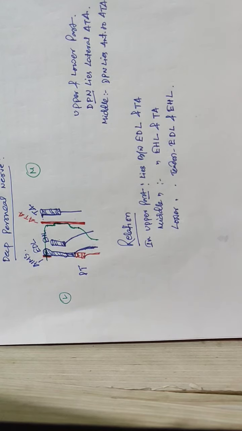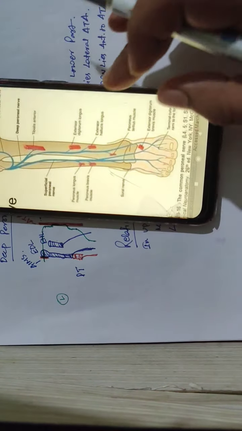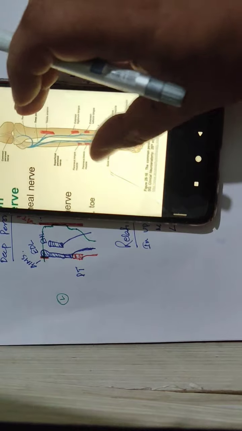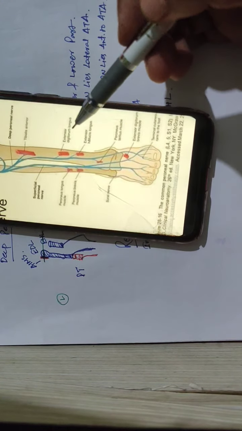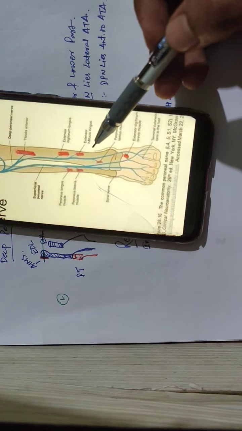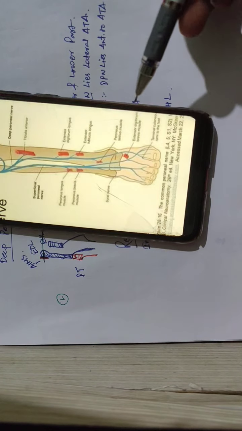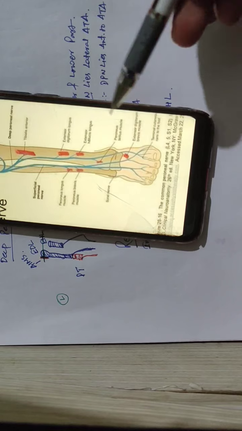The muscular branches supply all the muscles of the anterior compartment of the leg: the tibialis anterior muscle, extensor digitorum longus muscle, extensor hallucis longus muscle, peroneus tertius muscle, and in the foot, extensor digitorum brevis muscle.